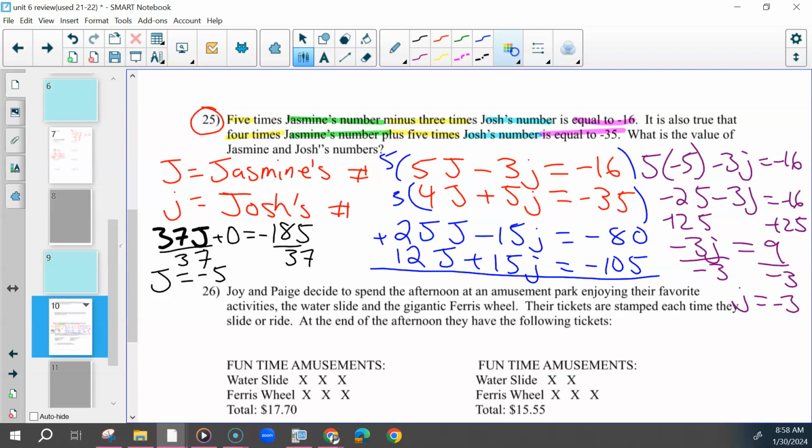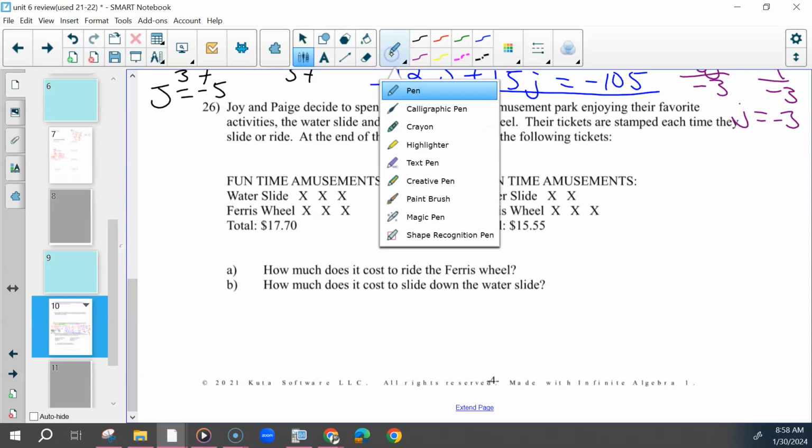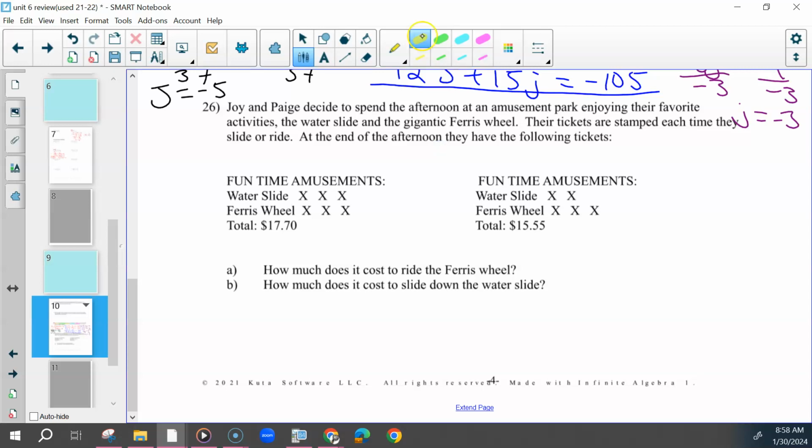We'll set it up, but not solve. 26 has a lot of extra stuff. Really, the important stuff for this is the number of times on the water slide, the number of times on the Ferris wheel, the totals, and the 2 questions. So this part, everything else is really irrelevant.